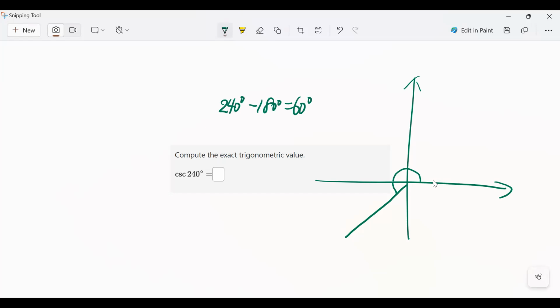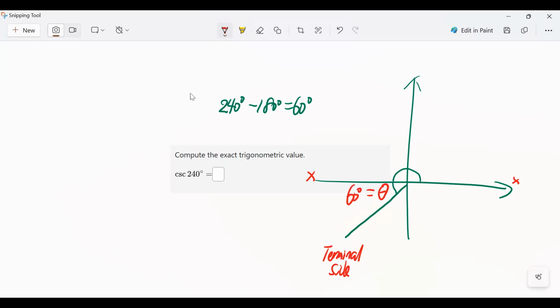This is always going to be the case: the reference angle theta is the terminal side's intercept with the x-axis. So the theta here is 60 degrees.